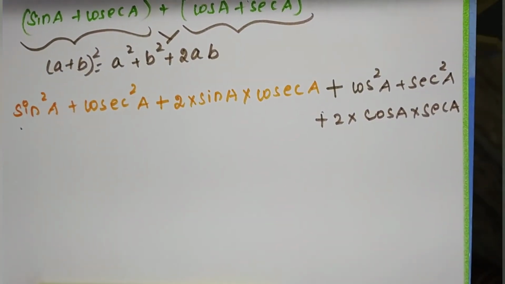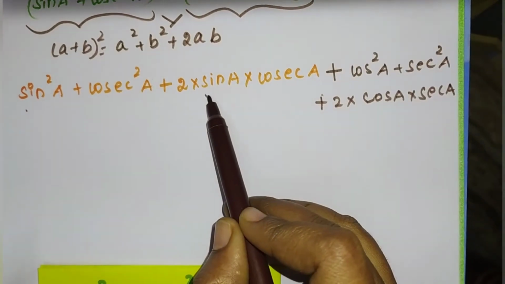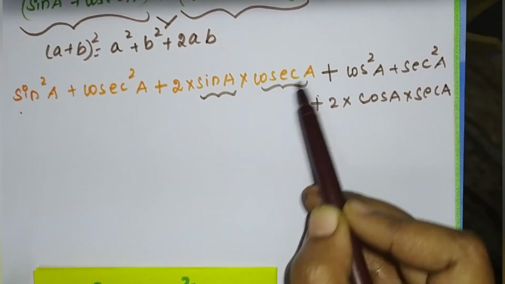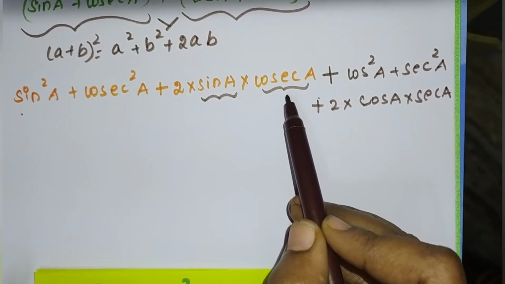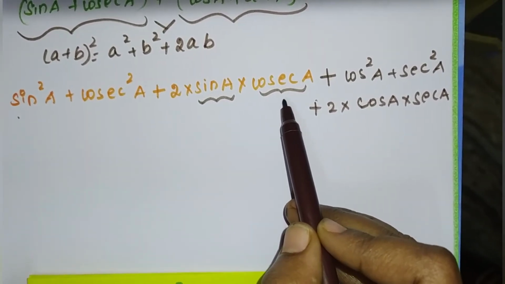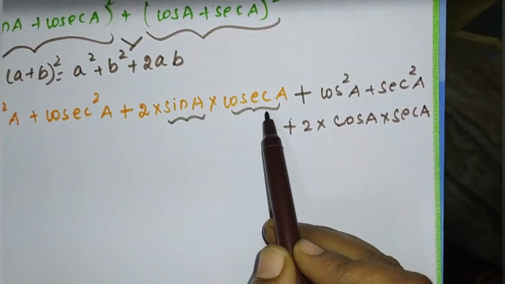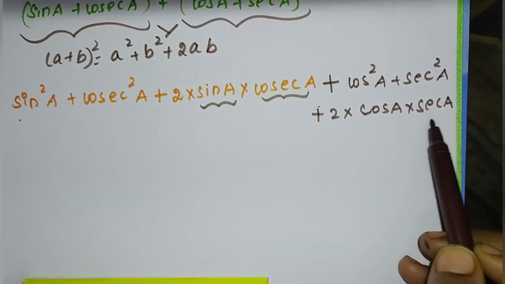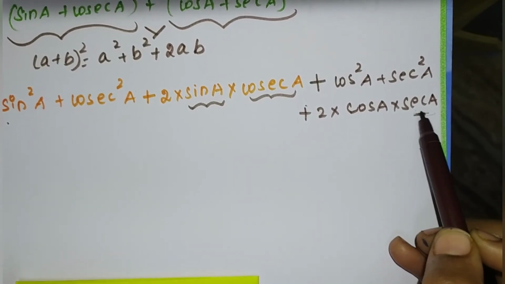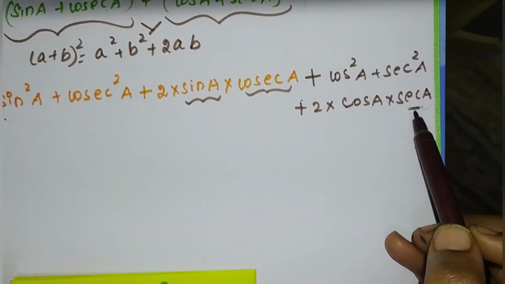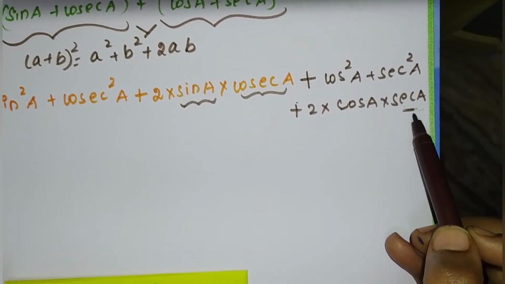Clear? And then for sin A and cosecant A, cosecant A we can write as 1 by sin A, the reciprocal formula. And for this also you can apply it: instead of secant A, we can apply the reciprocal formula, 1 by cos A.